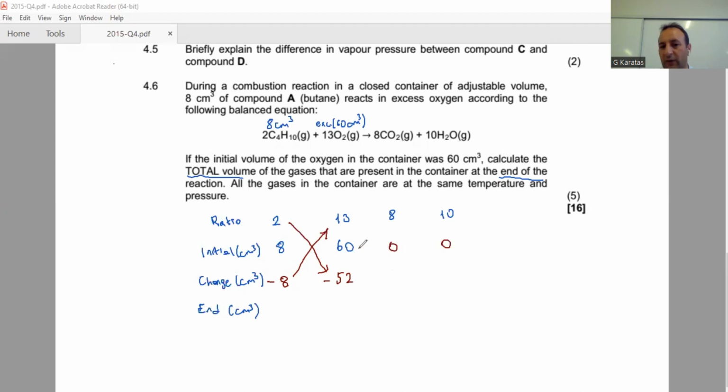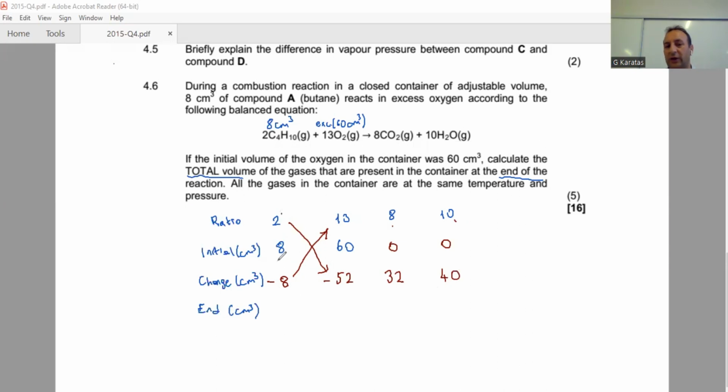The same way we can use the ratio: 8 times 8 divided by 2 gives us 32. This is a positive value because it is produced. And 8 times 10 divided by 2 gives us 40 cm³.